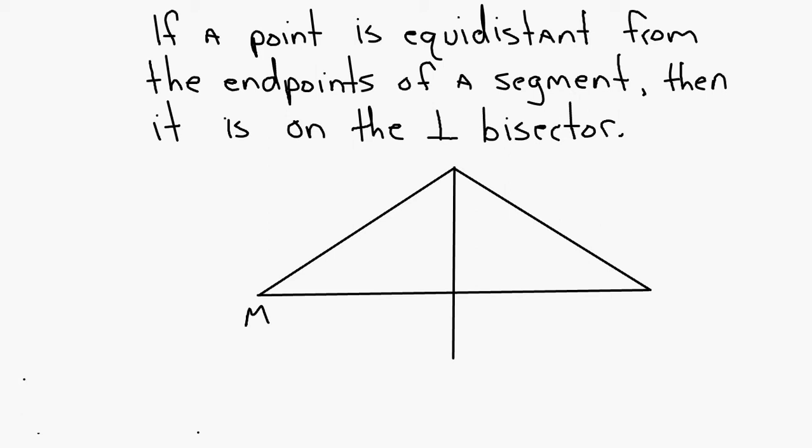We'll go M, N, O, and P. Now, if this distance is 18, if P to M is 18, and P to O is also 18, if those two distances are the same, and you read this theorem, then what is the measure of angle PNO?